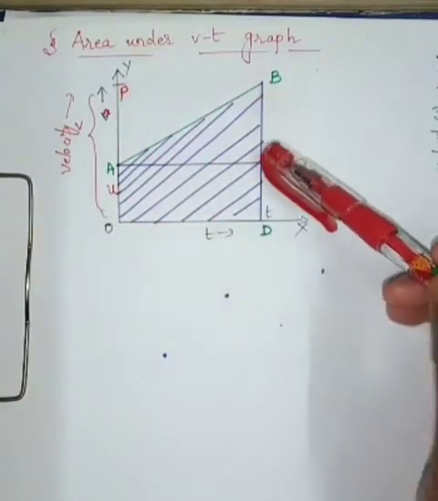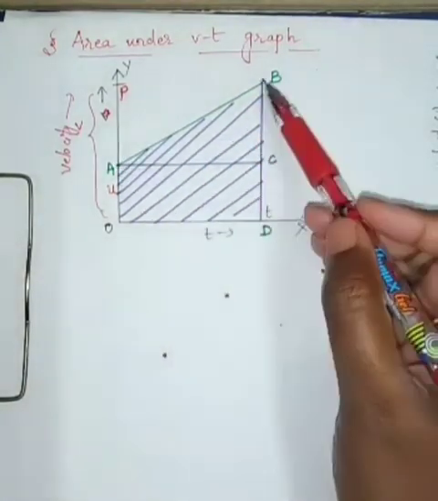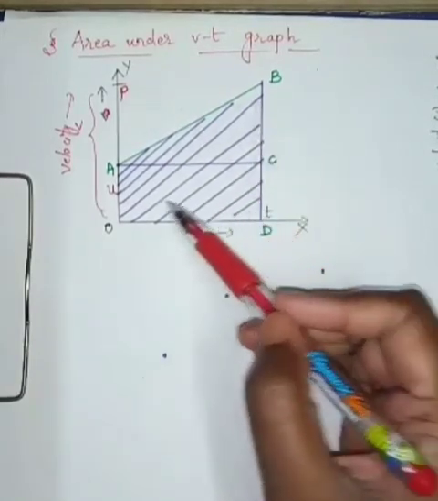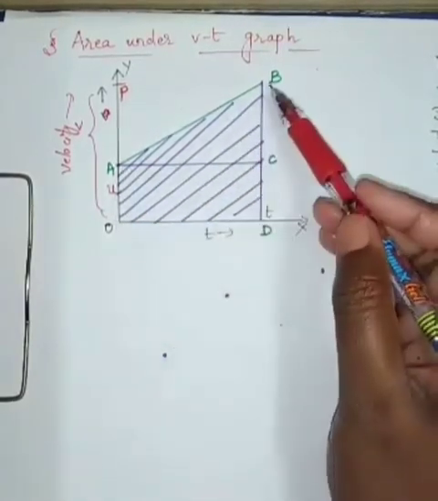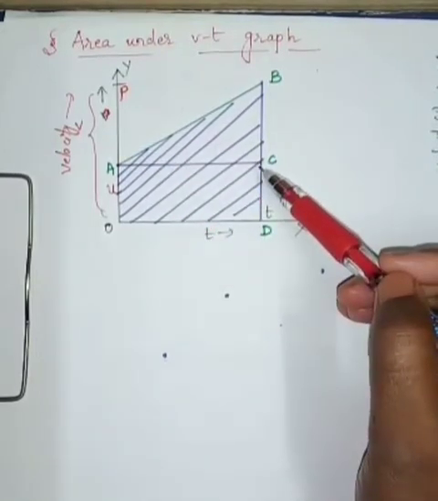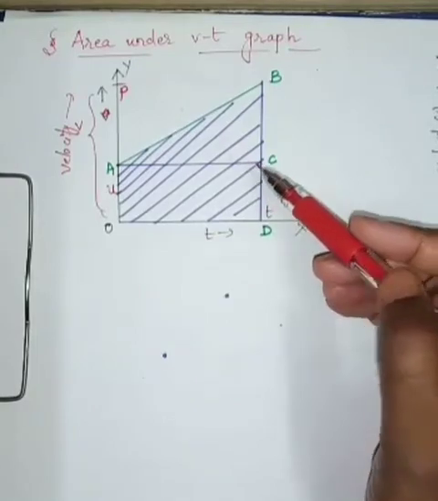Now, the area covered under this motion is from A to B with respect to the time axis. The area covered is OABD. This area is equal to the distance covered by the object.